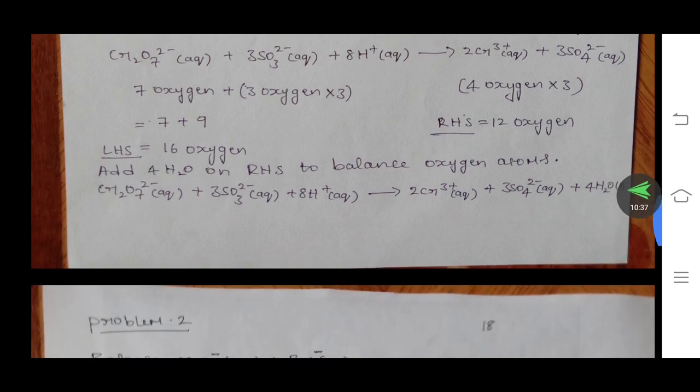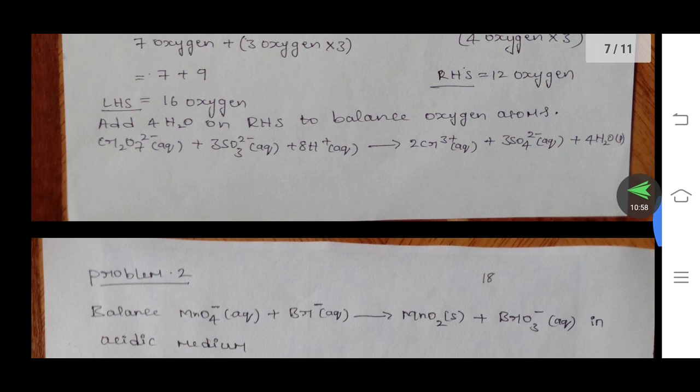Now how many oxygen more on the left hand side? 4 oxygen more on the left hand side. Right hand side has 4 oxygen less, so that's why add 4 H2O on RHS to balance oxygen atoms. Okay, so right side you have to add 4 water molecules. See, last equation, that is the final equation.